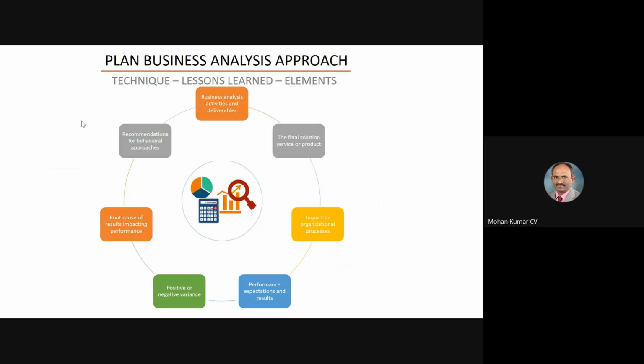Use this technique for various elements like business analysis activities and deliverables, the final solution, service or product, impact to organizational processes, performance expectations and results, positive or negative variance, root cause of results impacting performance, and recommendations for behavioral approaches. These are all different elements in which you can think about what the lessons learned are and how they can impact.